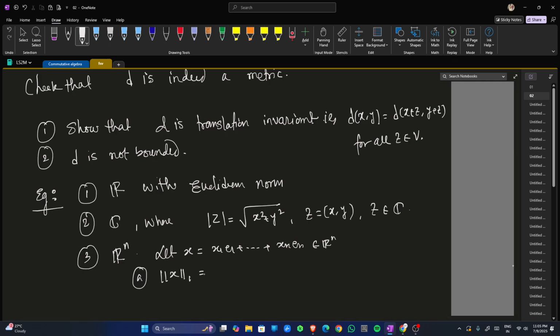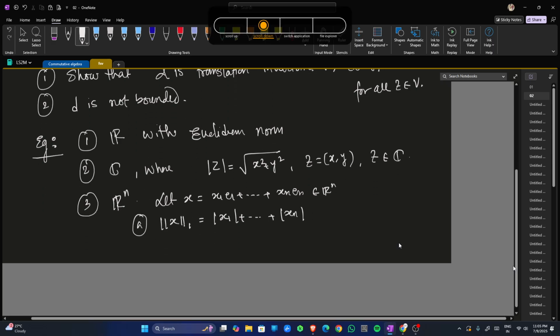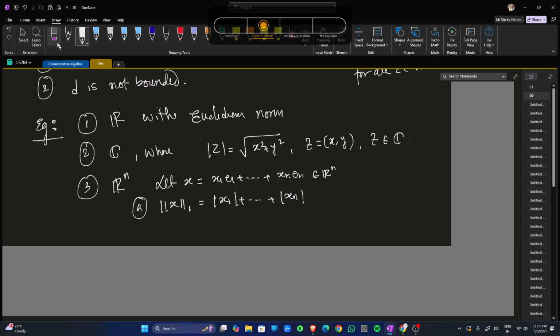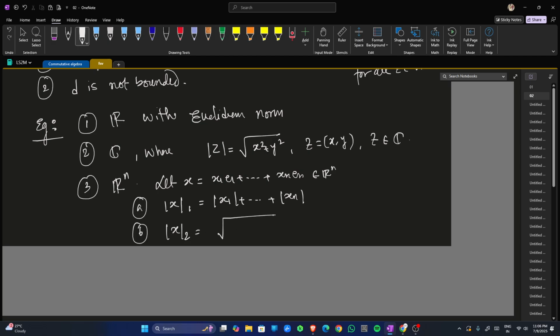Define norm 1, and the norm with the summation of xi squared.